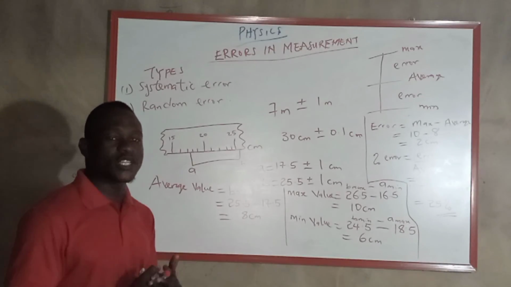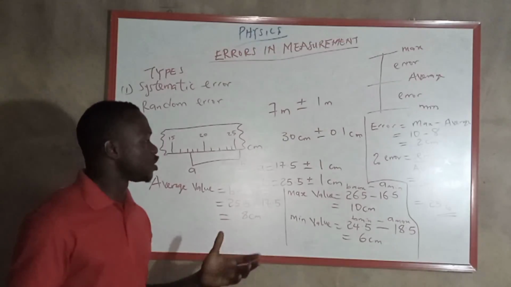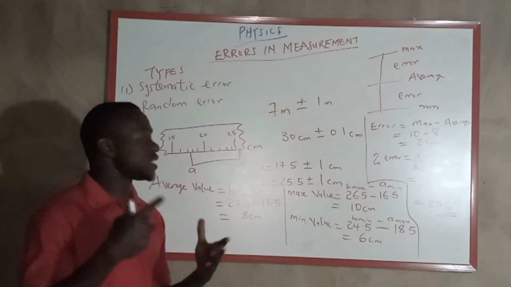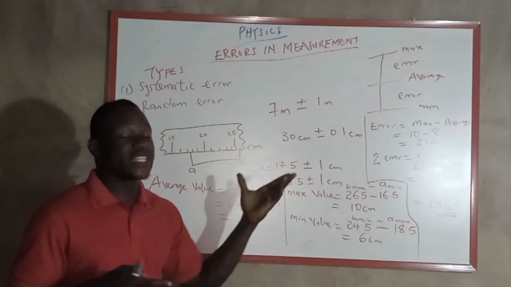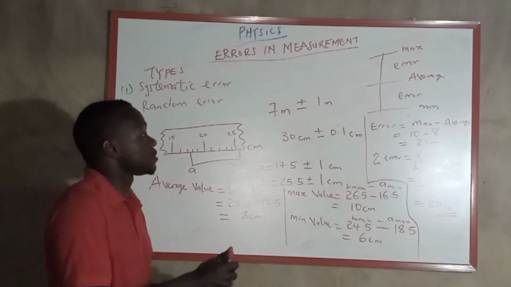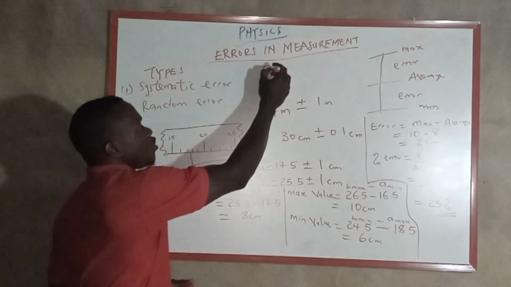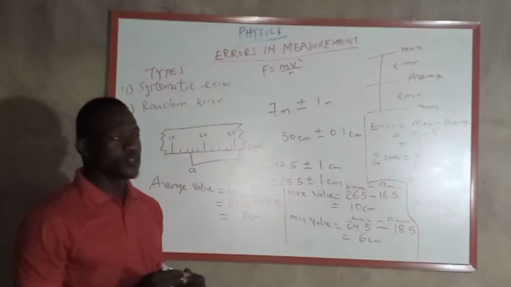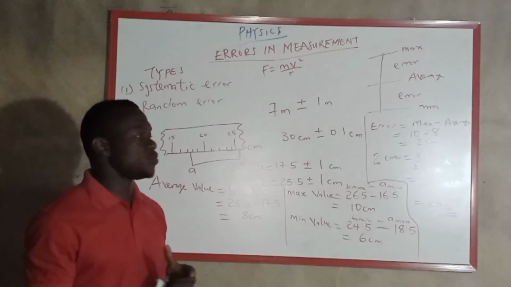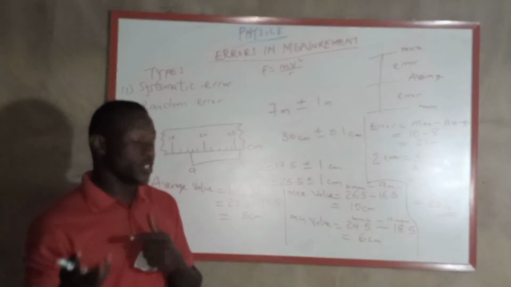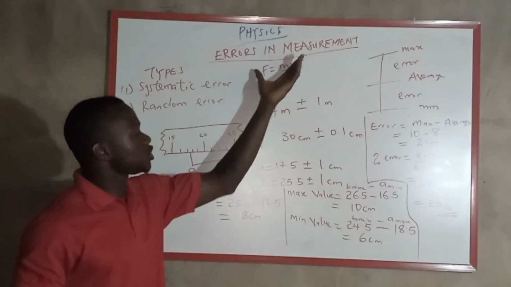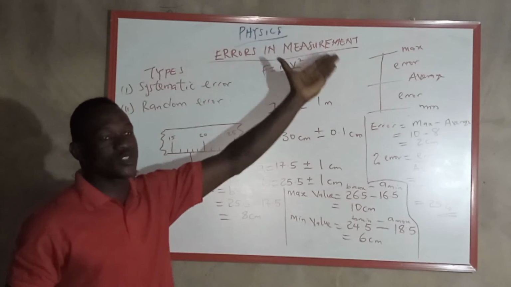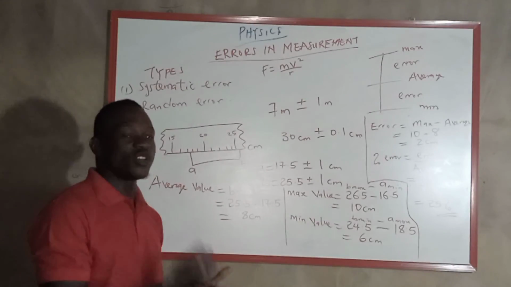But if we have a quotient or multiplication, I will show you how to get the percentage error as well as the error in that kind of equation. For instance, you have something like the force is equal to the mass times the velocity squared over the radius. What formula is this? Tell me in the comment section below. If you have a question like this and you have to calculate the error, there is another approach.